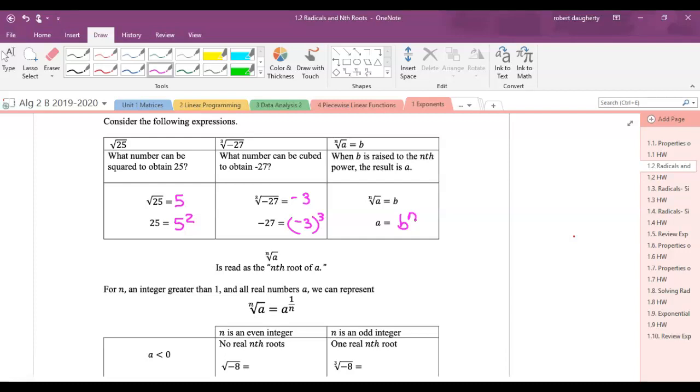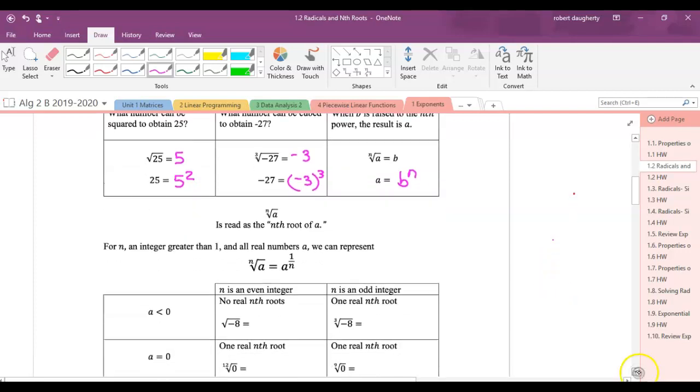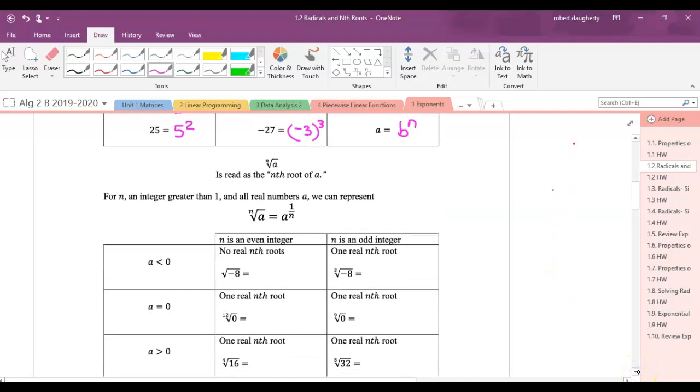The way we read this: you see the radical sign and the little n, the index, and that is read the nth root of a. It means, what number can you multiply n times and get a? So you find some number that when you multiply by itself n times, you get a back as your answer.